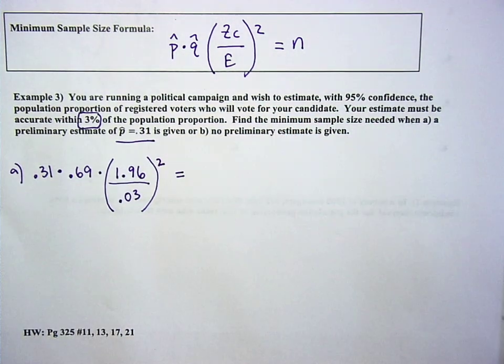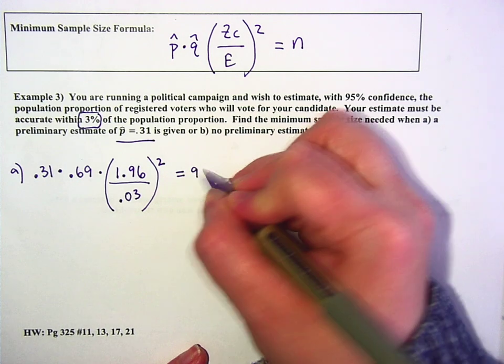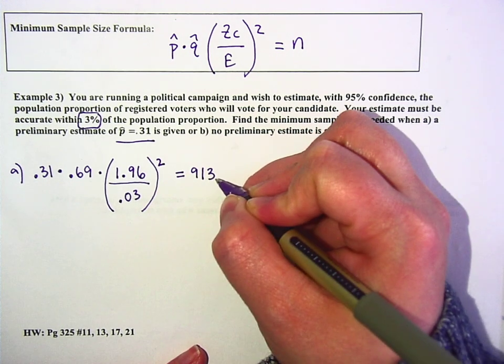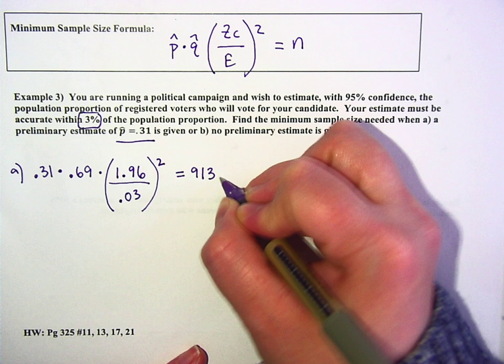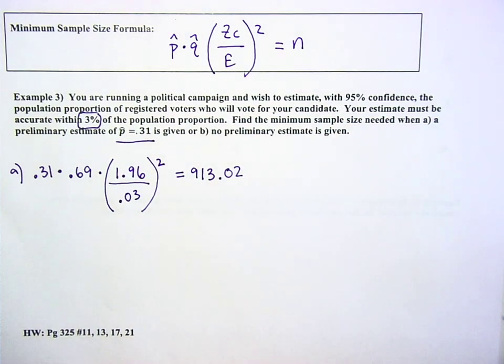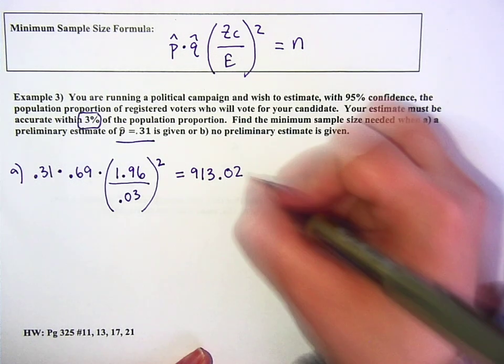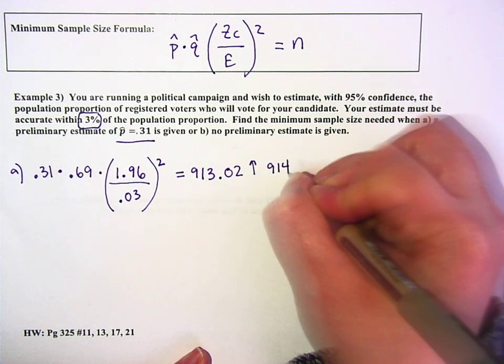All right, in your calculator now. You guys get 913.02, which means how many people do we need to ask? 913. 914, because this is the minimum. So we have to go up to 914 people.